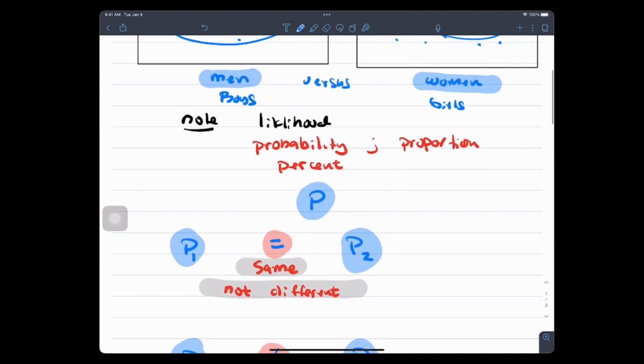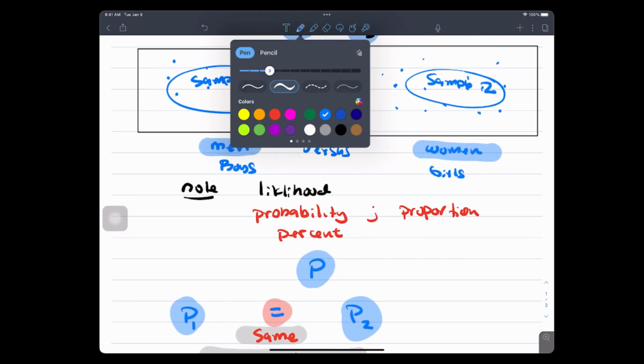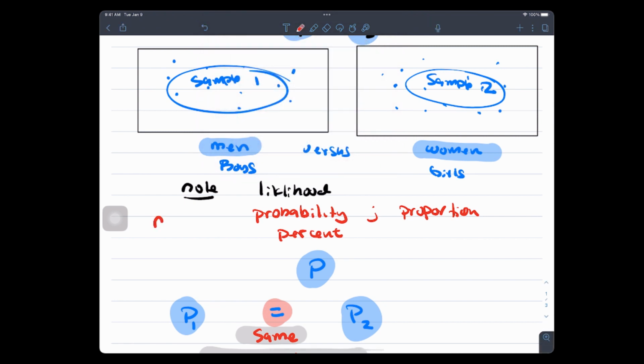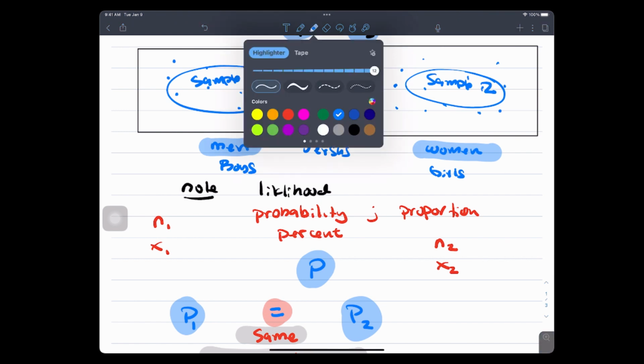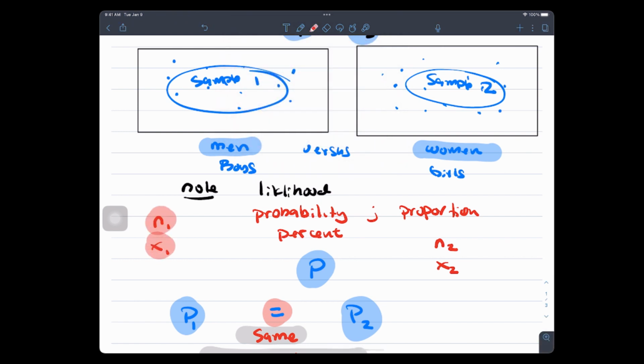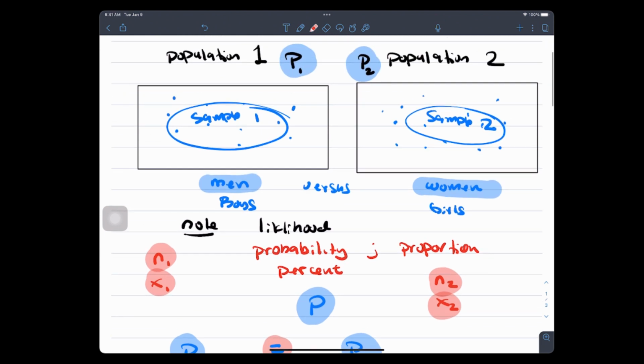So when you take two samples, you're going to have sample size 1, number of successes 1, sample size 2, number of successes 2: N1, N2, X1, X2. This comes from your sample.